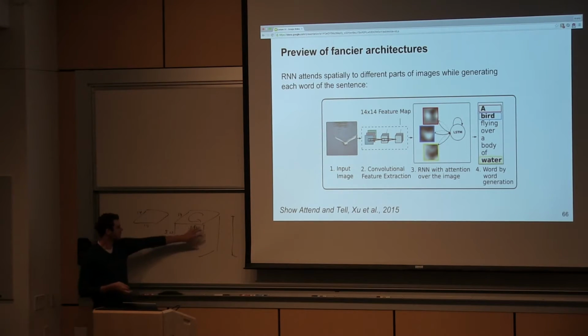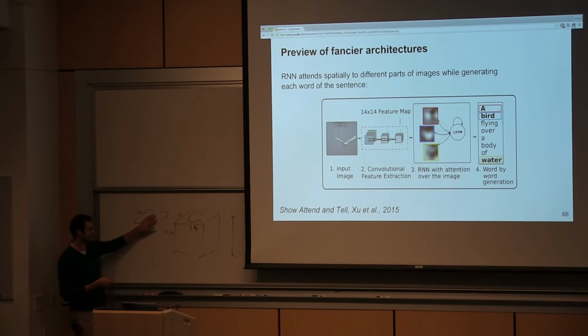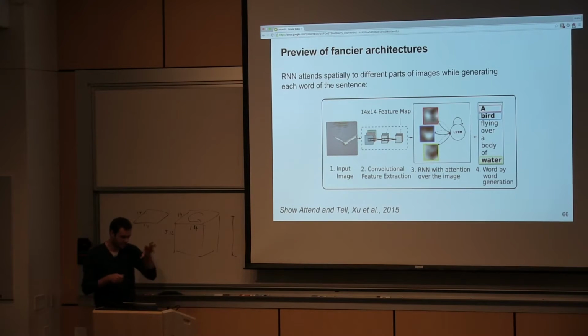It interacts with the ConvNet activation volume, and maybe some of the object-like regions of that activation volume light up in the saliency map in this 14 by 14 array. Then you end up focusing your attention on that part of the image through this interaction. So you can just do lookups into the image while you're describing the sentence.